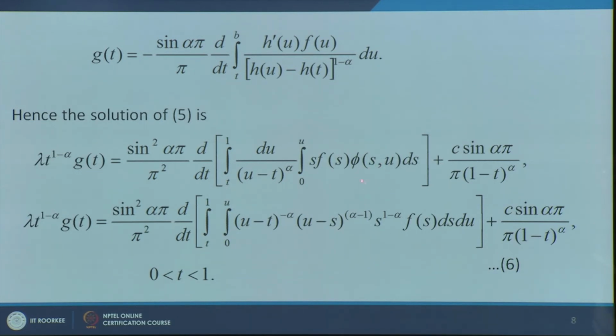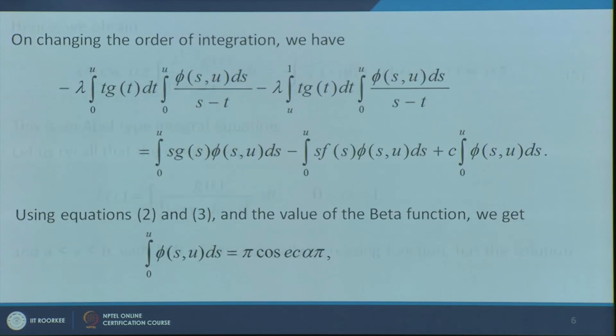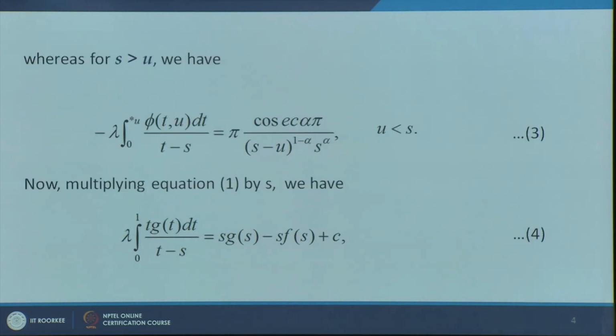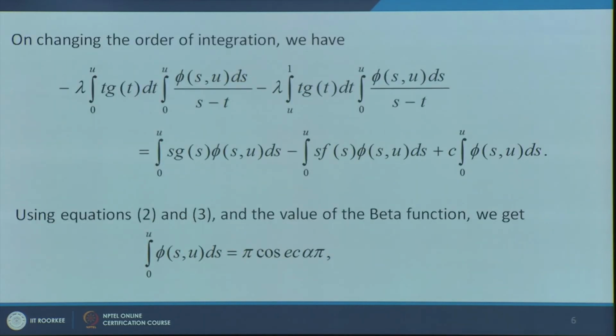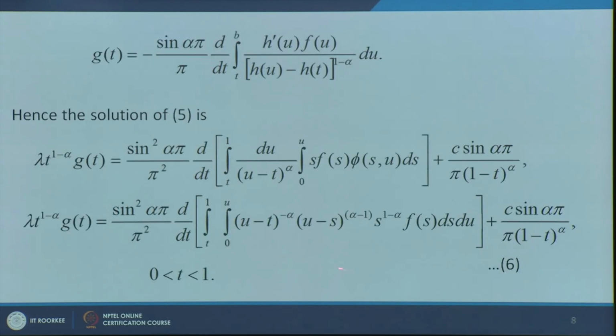So when we put the value of phi(s,u) and combine the two integrals, we have this. So phi(s,u) is equal to 1 over (u minus s) to the power 1 minus alpha s to the power alpha. So we are putting that value and arrive at this solution of the integral equation, Cauchy integral equation of second kind.